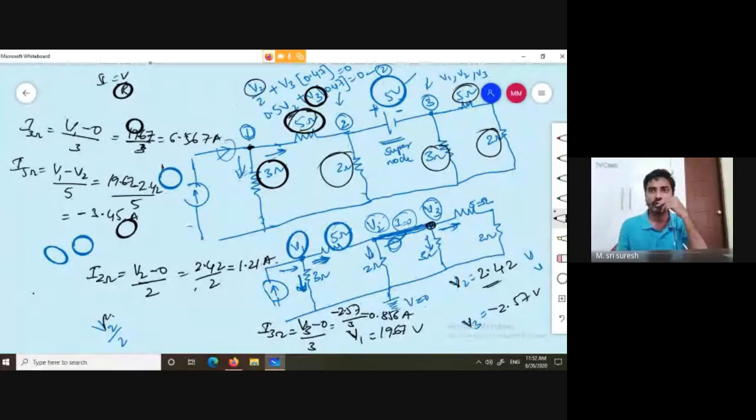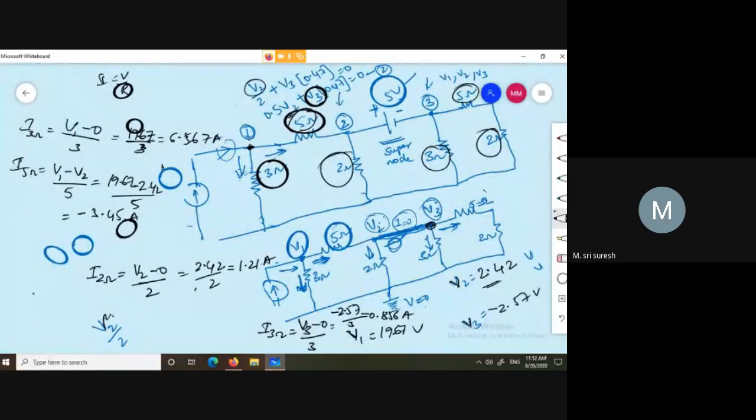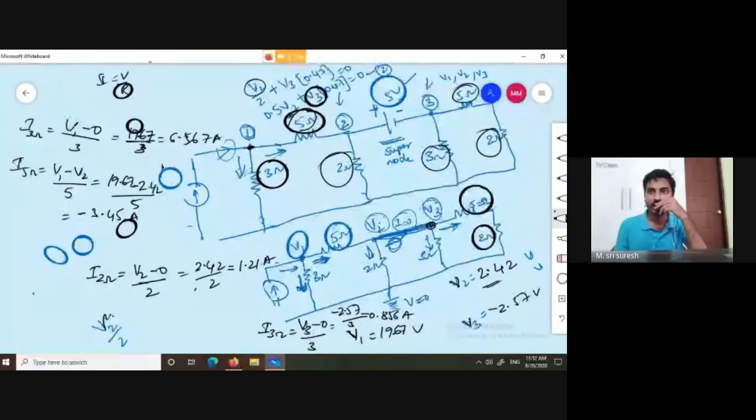Now I want I at these 5 ohms and 2 ohms, which are connected in series, so that we can say that the same current is passing through the two resistors. So I at 5 ohms and 2 ohms is equal to V3 minus 0 by 5 plus 2, 7.